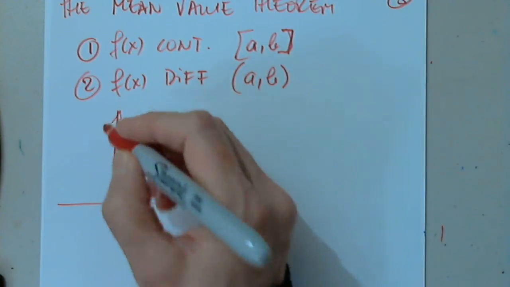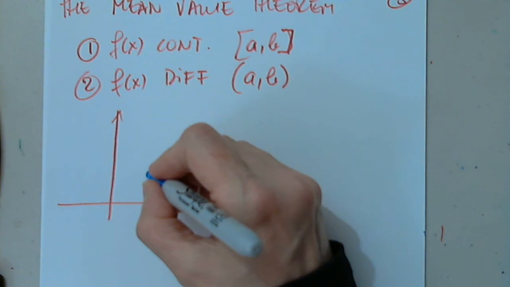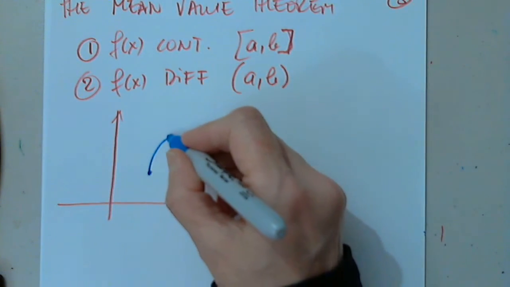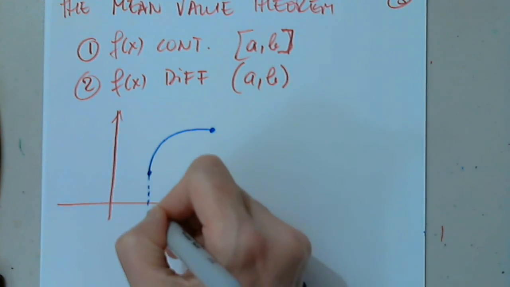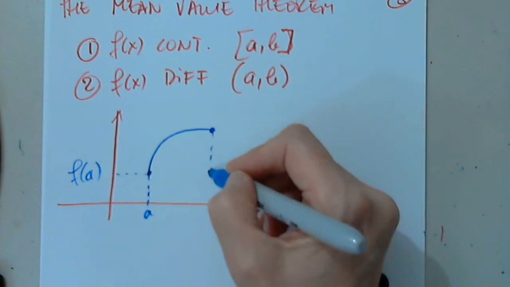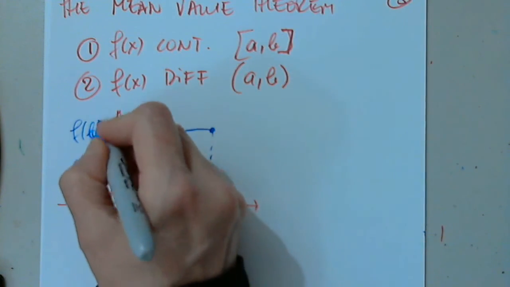Let's take a look now. There is no requirement that the function start at one point and end at the same level. So here's the function in question. This is, of course, a, and I know you're going to say f of a. This is, of course, b, and f of b.